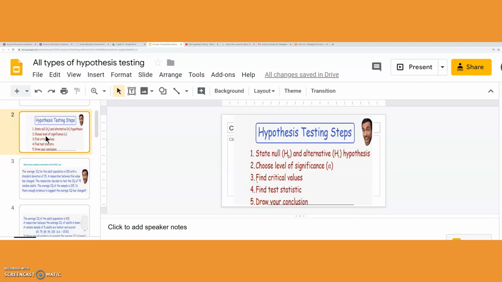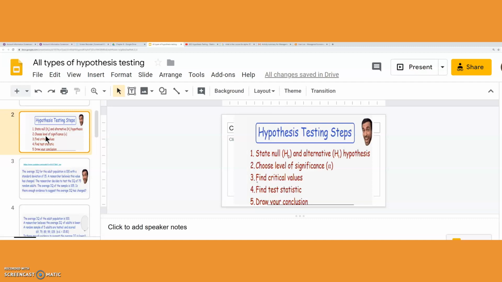After we determine the value that is going to initiate the critical values, which is going to start the rejection region, that is based on the value that we look up.